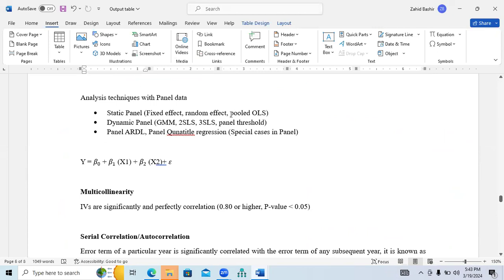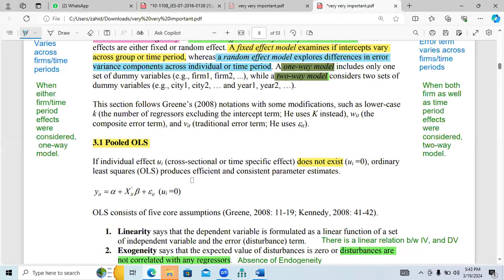We may have pooled OLS, we may have random effect, and we may have fixed effect. So there are different assumptions when we can apply the pooled OLS, when we can apply the random effect, and when we can apply the fixed effect. So there are some data analysis technique and as well as some assumptions that we need to consider.